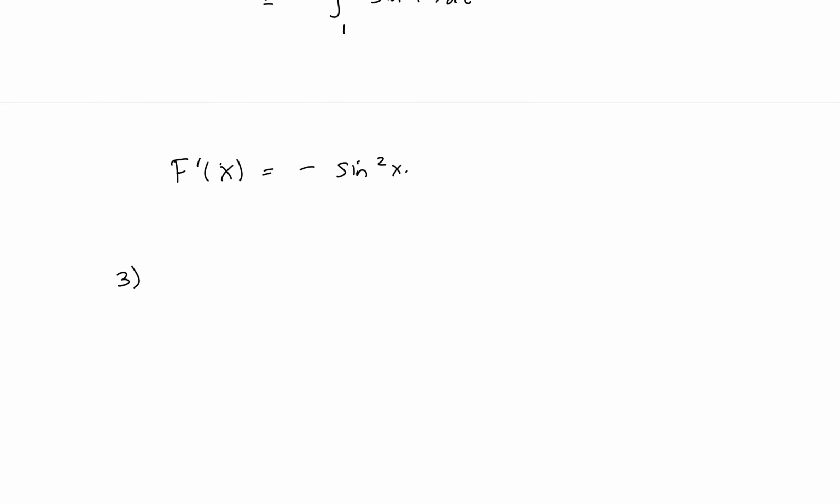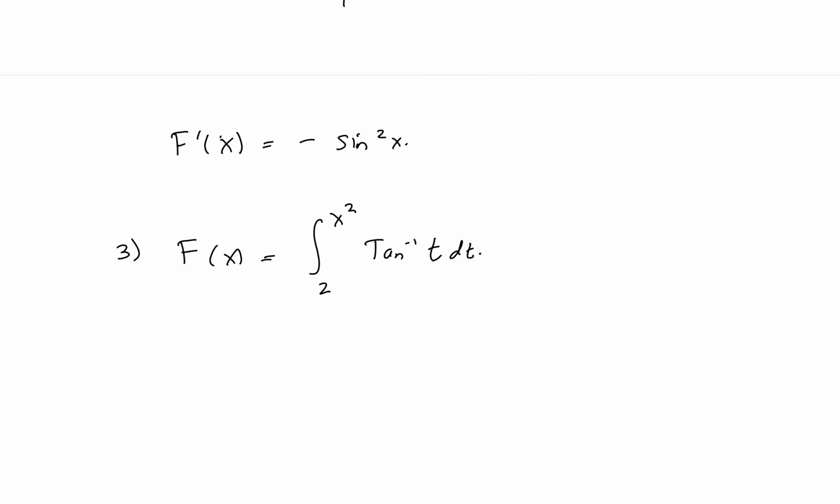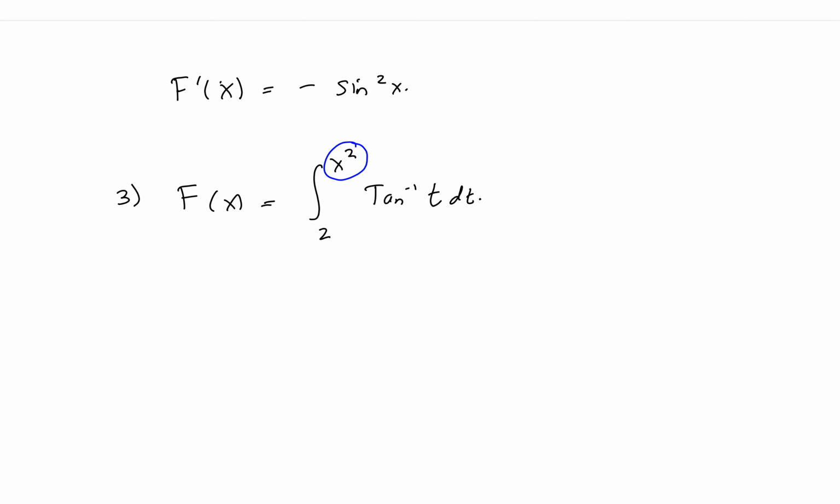Let's try another one. So let's say f of x is the integral from 2 to x squared of, let's say, arctangent of t dt. So this is also not exactly like what we have for the fundamental theorem, because notice I have x squared here instead. So I can think of this as like a chain rule.